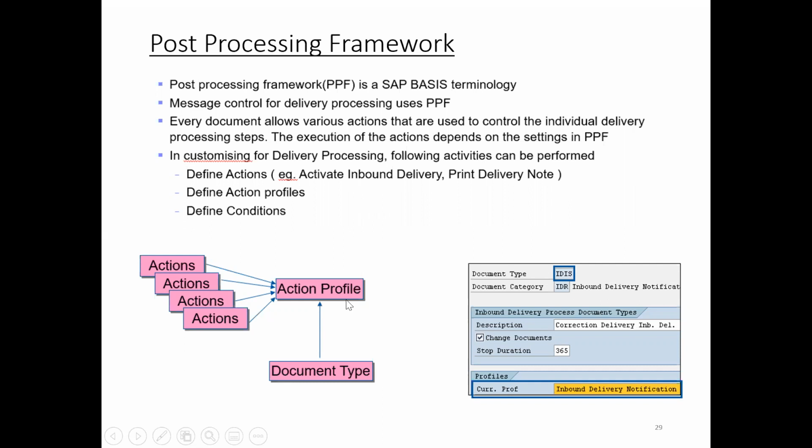So in the action profile, you select the inbound delivery. In the action definition, you will select the warehouse task creation, and you will set it up as automatic. Then you maintain the determination procedure in the configuration, like for which inbound deliveries this will get determined. And when that inbound delivery is created, based on the determination procedure and the condition record, it will get determined, and it will generate the warehouse task automatically and confirm the warehouse task.